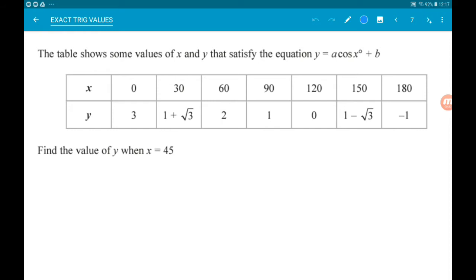So, what we're going to need to do is try and make either a or b disappear using one of these values of x. Now the one that we can make disappear is a, because we can make cos equal 0. So we know that cos of 90 is equal to 0.